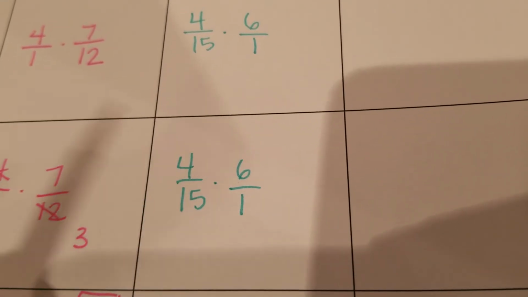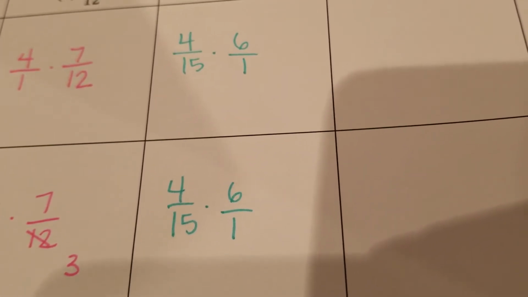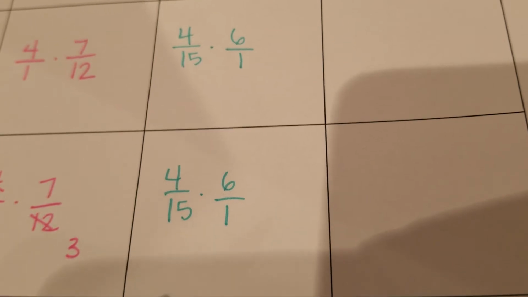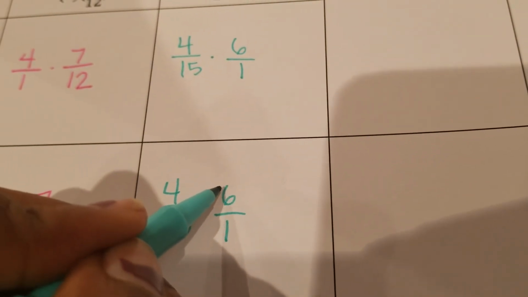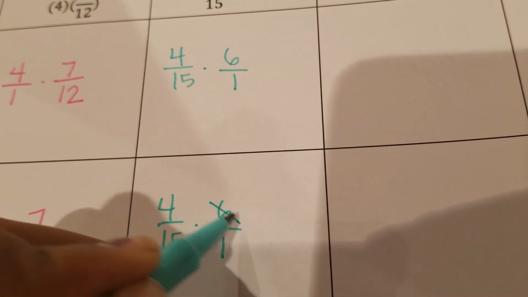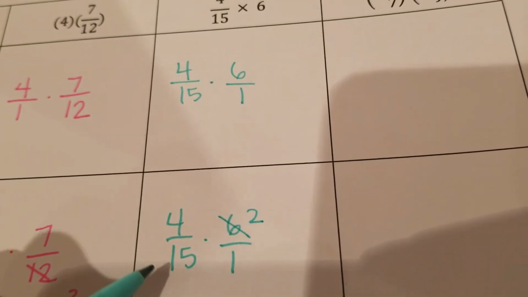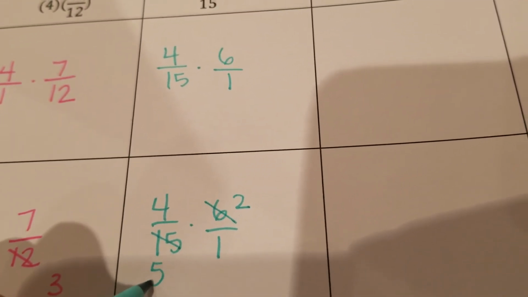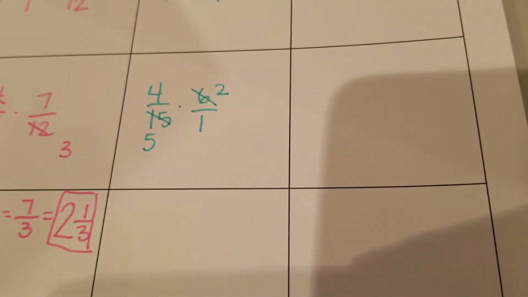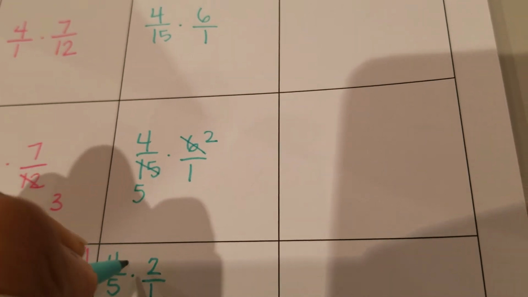4 and 1 are not in the same column except for 1, but 6 and 15 are, and they are both under the 3. So 6 divided by 3 is 2. 15 divided by 3 is 5. So then we can rewrite with the numbers we have. So 4 over 5 times 2 over 1, and multiply straight across.